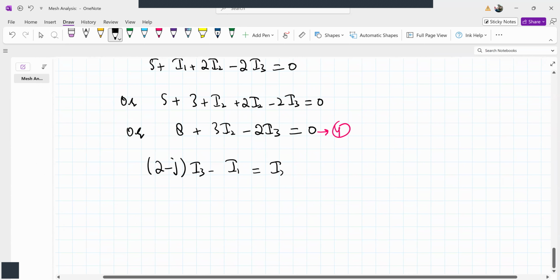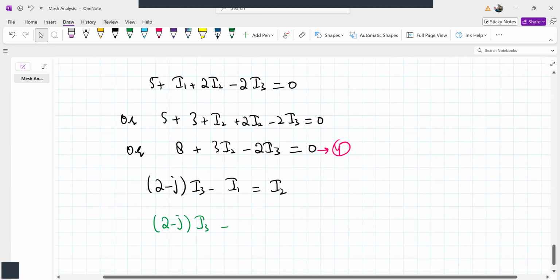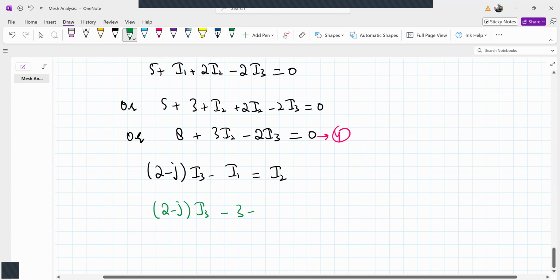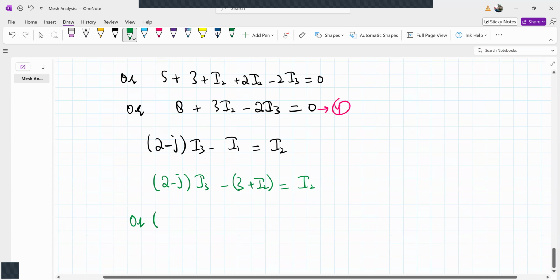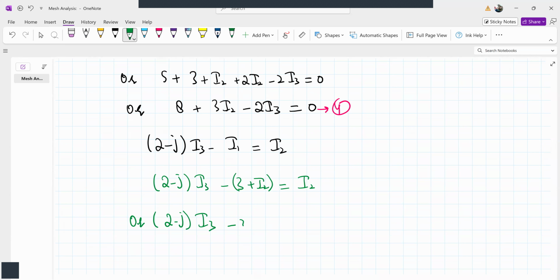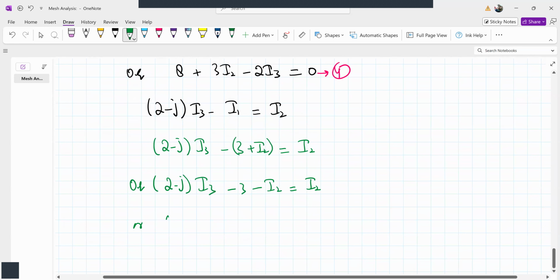Now substituting the value of I1 from equation 3, we can write it as 2 minus J I3 minus 3 plus I2 is equal to I2. So we can simplify this as 2 minus J I3 minus 3 minus I2 is equal to I2. If we take minus I2 to the right hand side, what will we get?